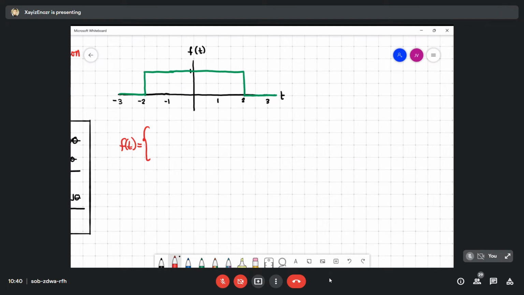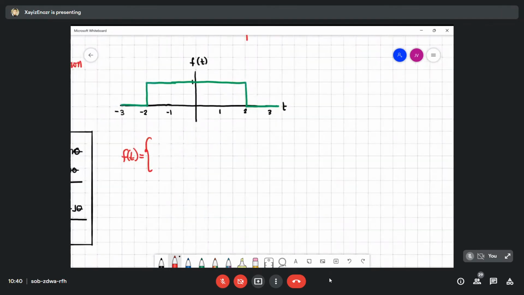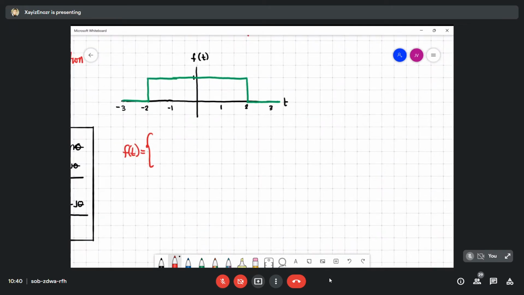Kayo nga, paano nyo gagawin ito ng piecewise function? Sinong pwede? Ano ba nakita yung values dito ng f of t? Sa function, ano yung nakita yung values ng f of t? Dalawa lang nakikita ko kasi yung values dyan ng f of t.